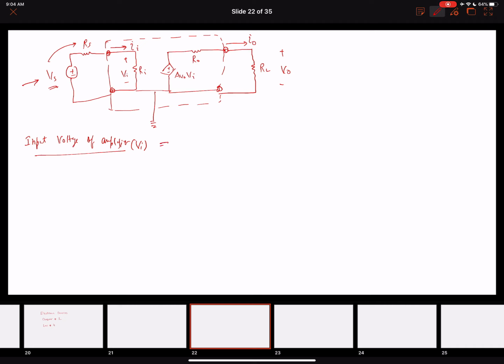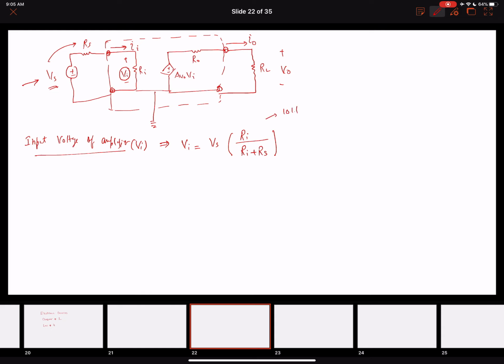We are interested in finding this value Vi. Vi can be easily found by using the voltage divider rule at the input, right? So Vi equals the source voltage Vs into input resistance Ri over Ri plus Rs.